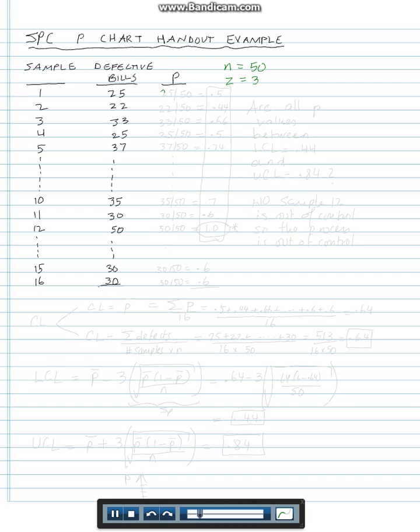For the first sample, that will be 25 divided by 50, so that will be 0.5. For sample 2, it will be 22 defective bills divided by 50, that will be 0.44. And so on. 33 divided by 50 equal to 0.66. So you can do that for each sample and calculate the p-value for each sample, basically.